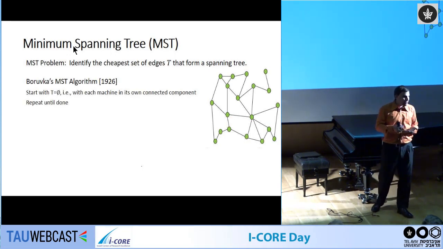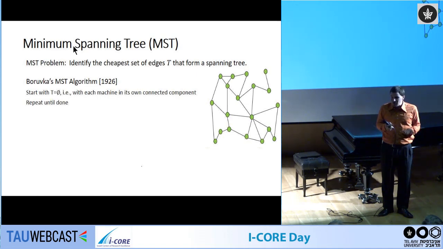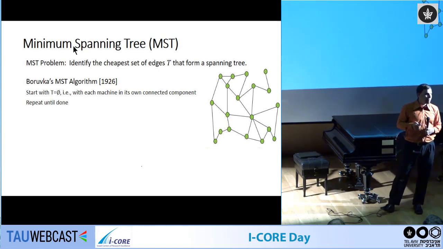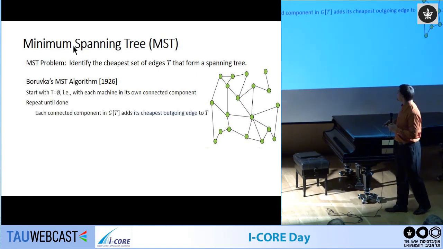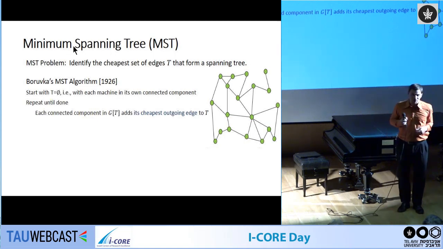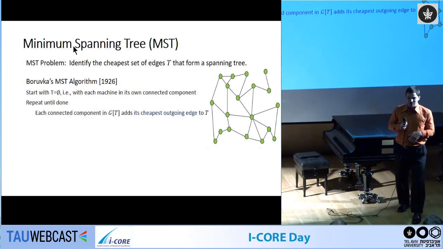Well, these edges are going to form some connected components, and each connected component looks at the cheapest edge leaving my connected component. Again, this has to be in the MST. We mark these edges. We continue until we have an MST. So this is Borůvka's algorithm, but it's fairly straightforward.